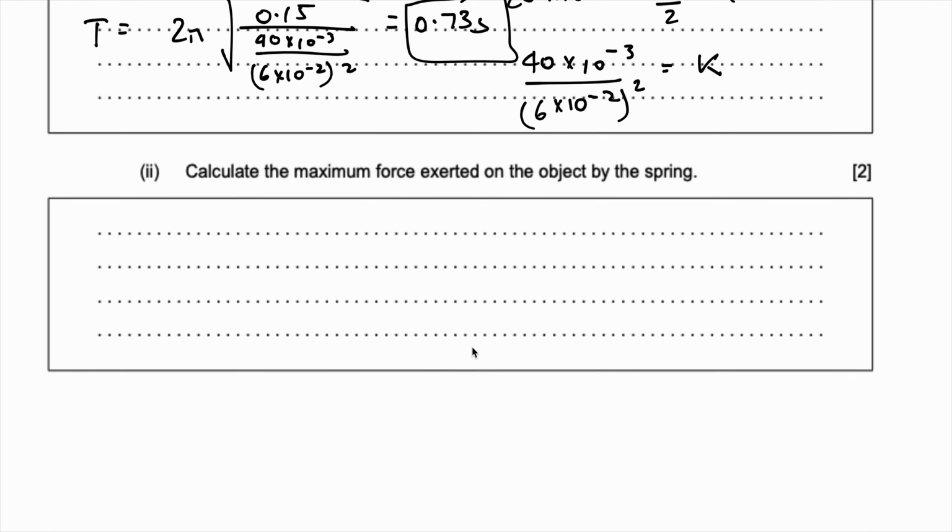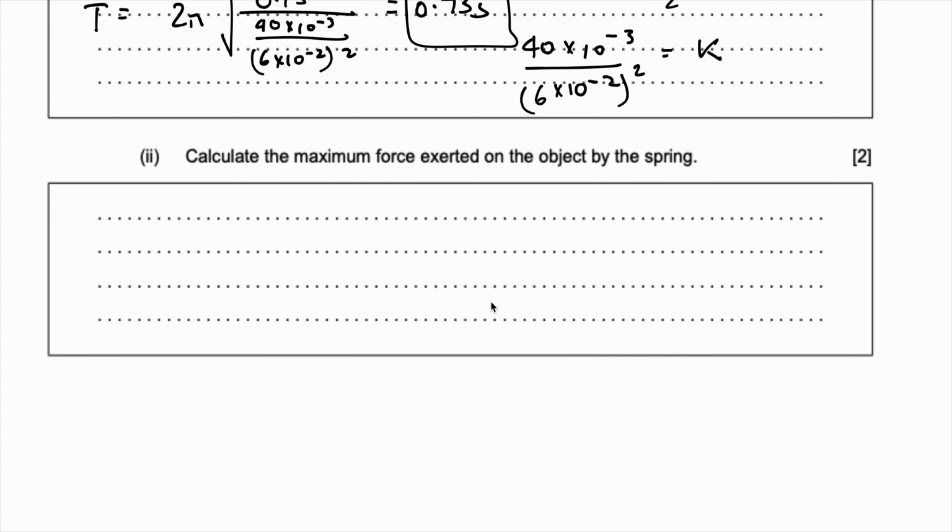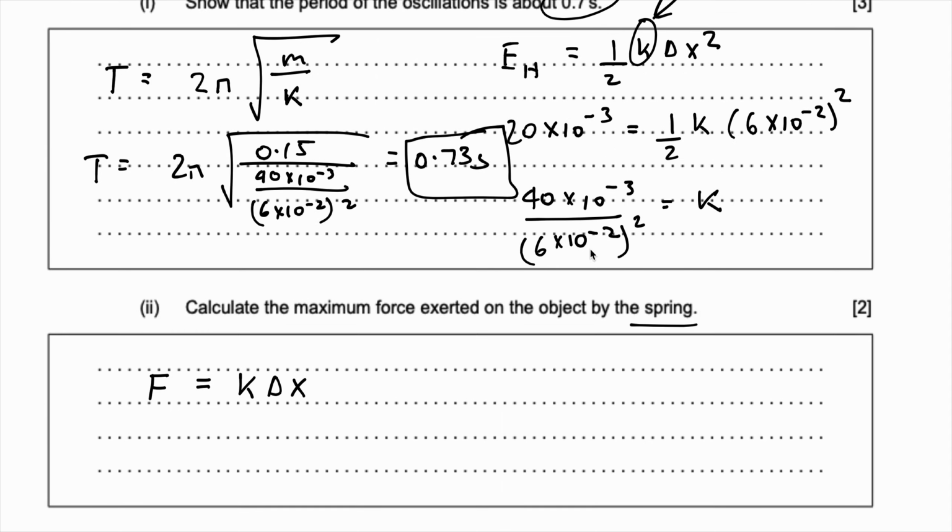Now, finally, part 2 of this question. Calculate the maximum force exerted on the object by the spring. We know a formula for force directly, which can remove lots of the working time. That's the force of a spring, F equal to k delta x. We solved for k earlier, which is this term right here.